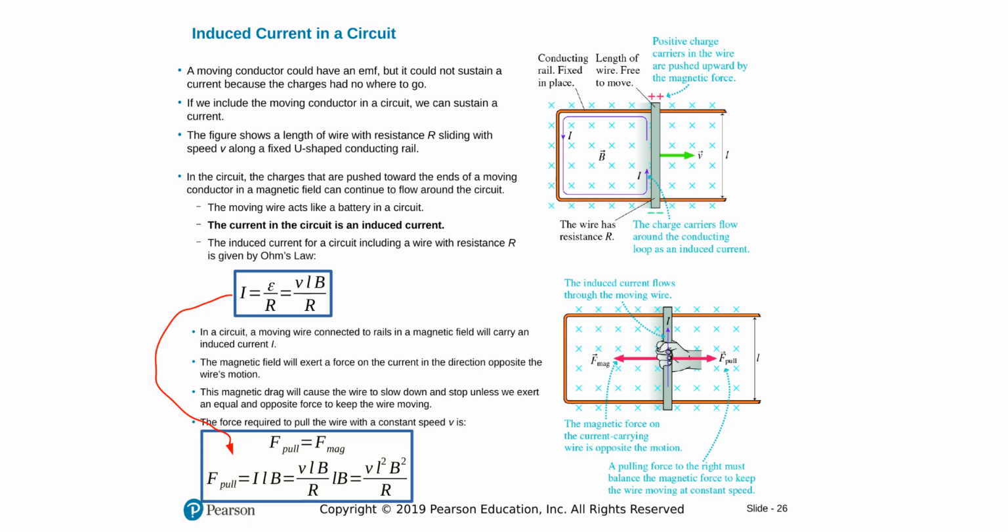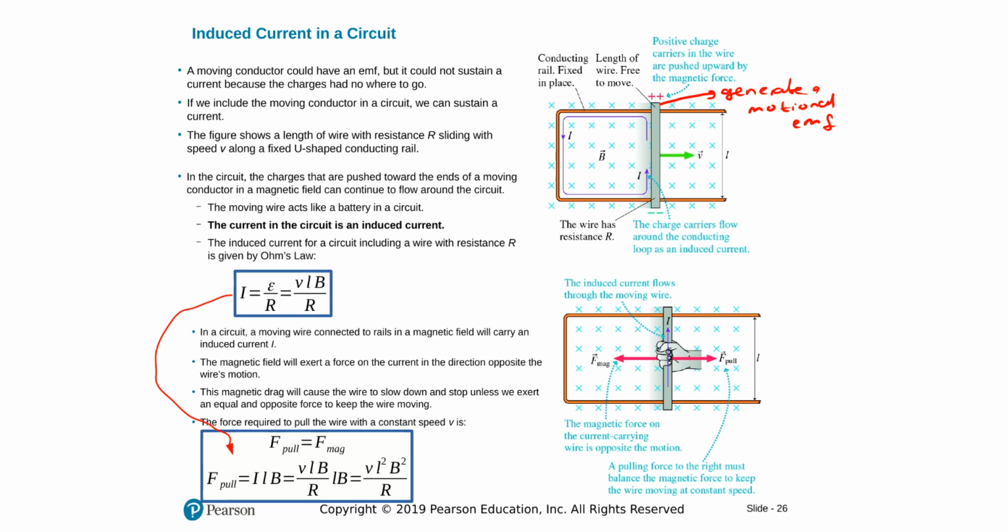Now, as we've talked before, if I move my conducting wire, making it into a battery, so it generates a motional EMF, and I can connect it to a circuit, I can harness that current. It will be moving charges from this direction. As long as I keep moving my bar or wire inside the magnetic field, I will have this current.